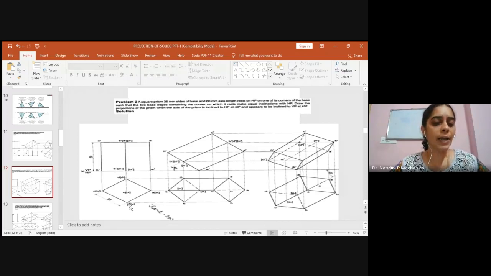Only B and B1 will be visible, which will become B1 dash and B dash. Since O and O1, D and D1 are along the same line, both D1 dash and D dash will not be visible. It is within the bracket. And even O and O1 will not be visible, and hence in the front view, O1 dash and O dash also will not be visible. Hence we show it in the bracket.